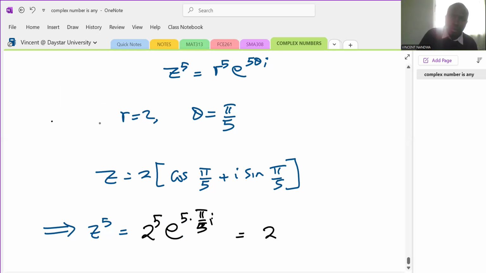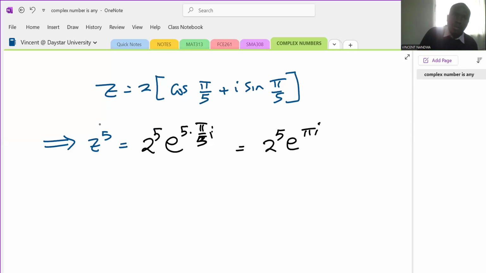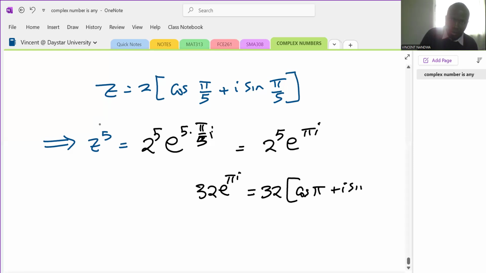So this is the same as 2 to the power 5 e to the power pi i, which is 32 e to the power pi i, which is 32 into (cos pi plus i sin pi).